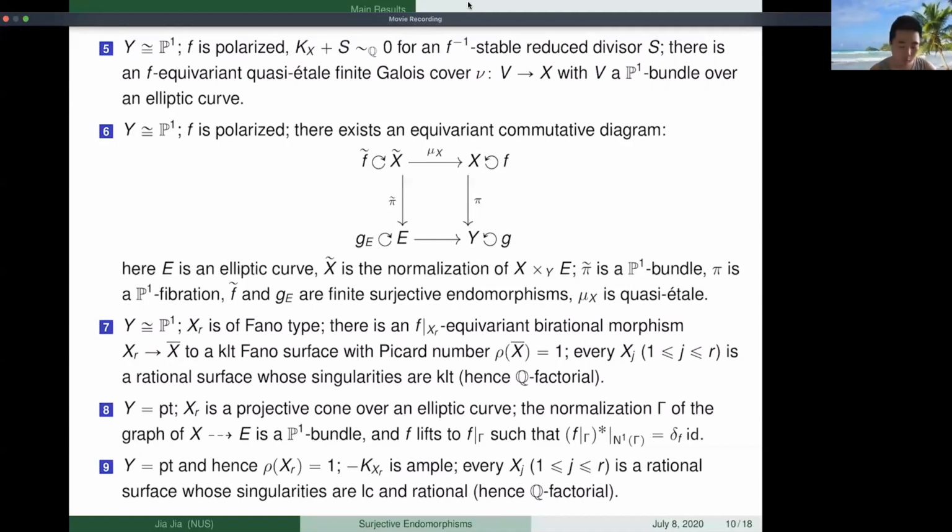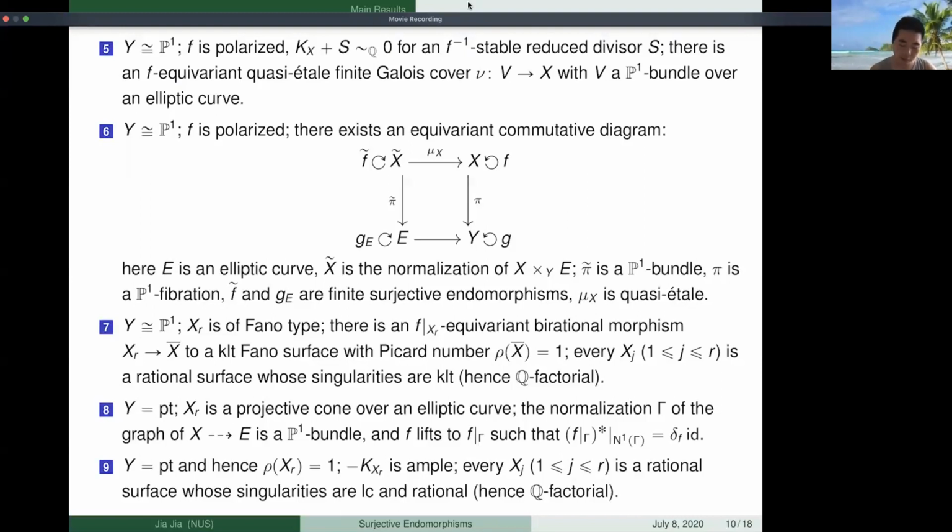For case 6, this Y is isomorphic to P1 and f is polarized. Then we can show there is an equivariant commutative diagram. In this diagram, we have this X and Y. This pi is the composition for this contraction.